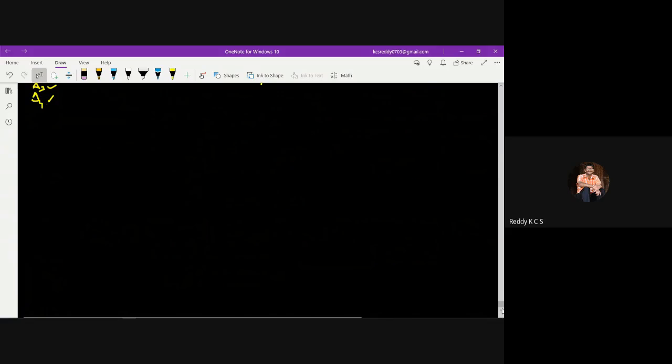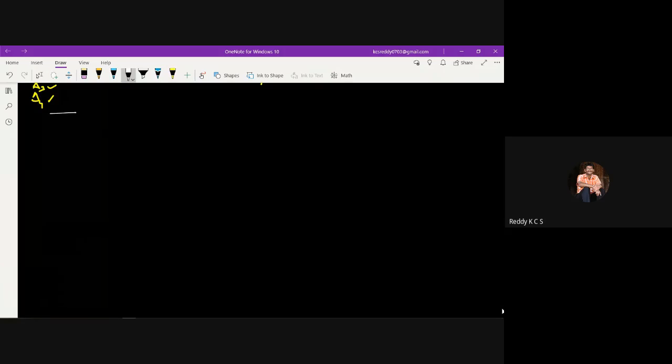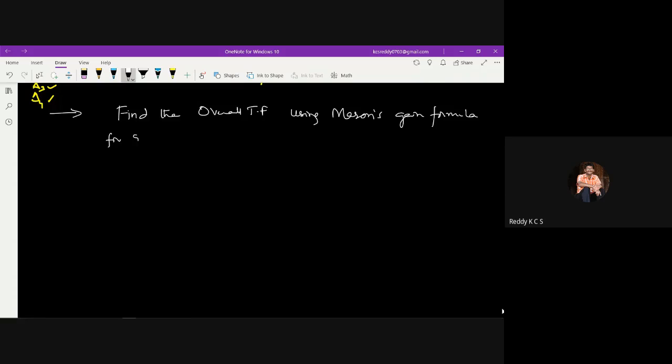Here I'm taking one problem. Find the overall transfer function of the given SFG using Mason's gain formula. So here I draw the SFG now. Look at the SFG, how it is mentioned.